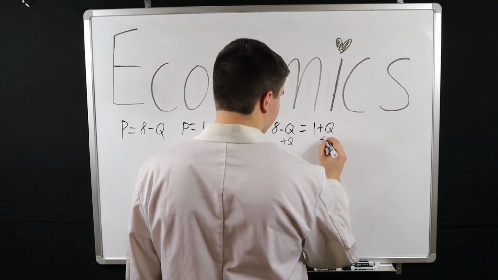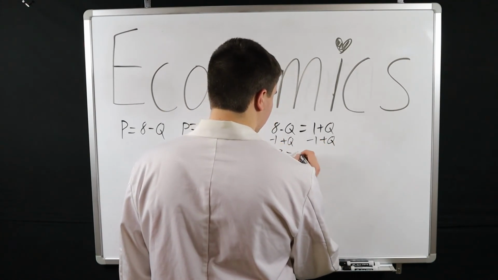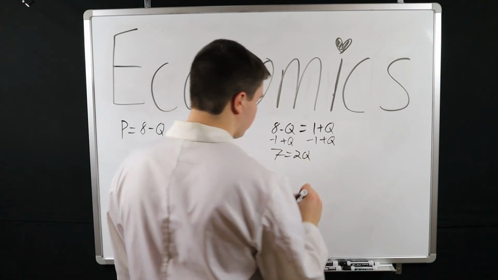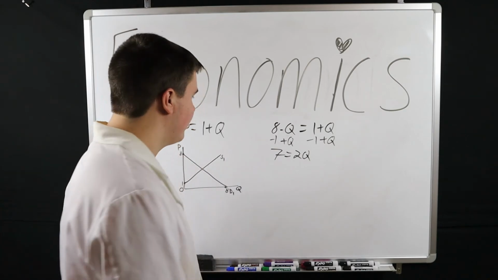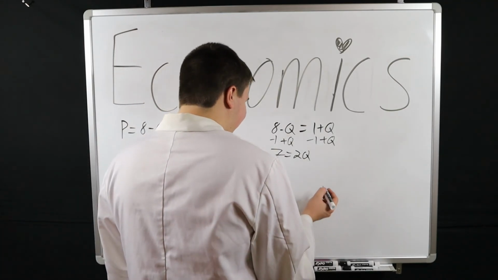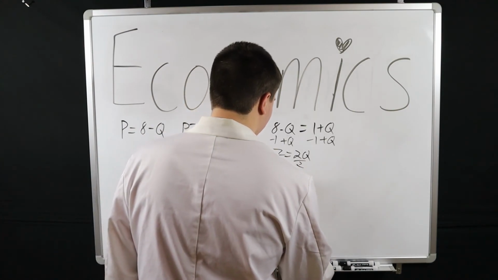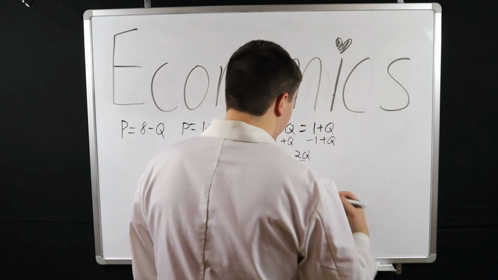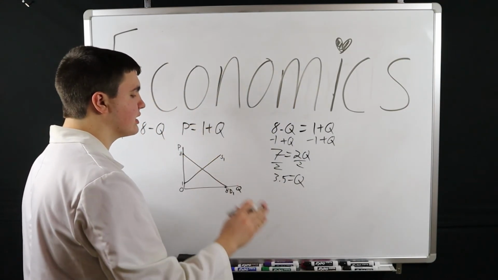Plus Q, minus 1, you get 7 equals 2Q. Okay? Basic algebra. If you don't know this, you have a problem. Why are you in economics then? Divide by 2, and you get 3.5 equals Q. We can now take this and plug it into either one of these equations for price, and we should get the same answer.